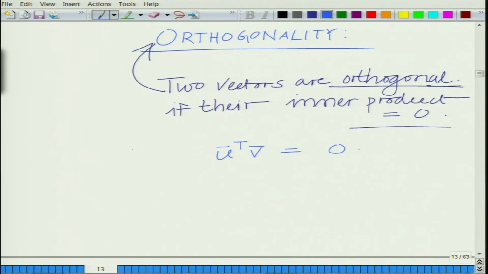For the complex space we have u bar Hermitian v bar equal to 0. So, this is essentially the definition of orthogonality.